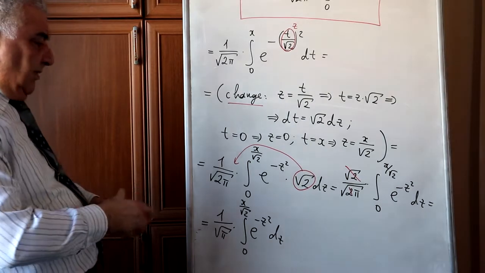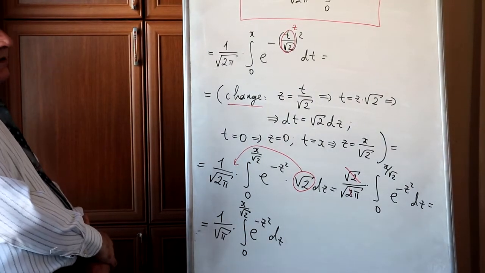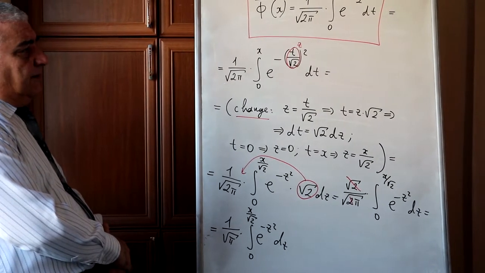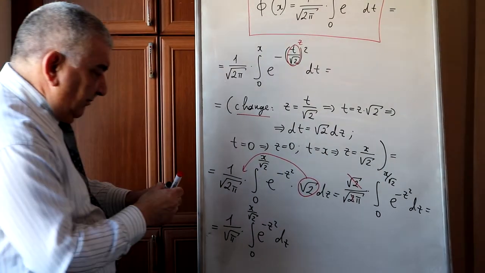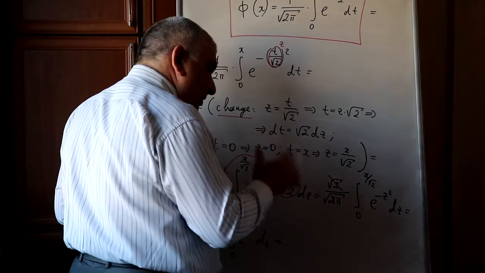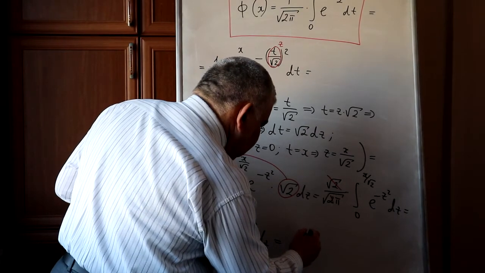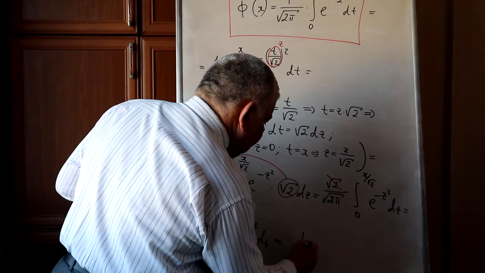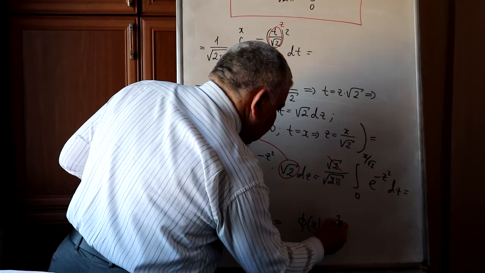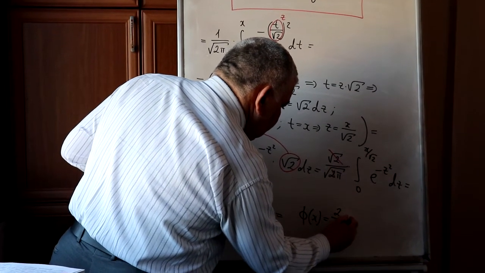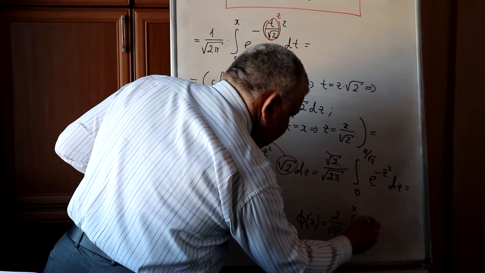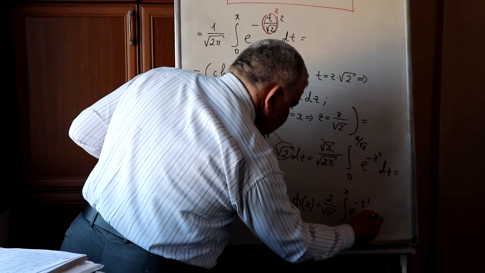Then remember the formula of the error integral. Error integral is phi, simply phi of x, is equal to 2 over square root of pi multiplied by integral from 0 to x of e to minus t squared dt.